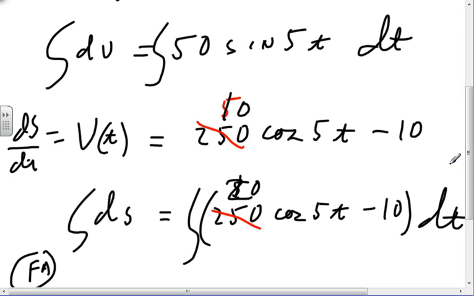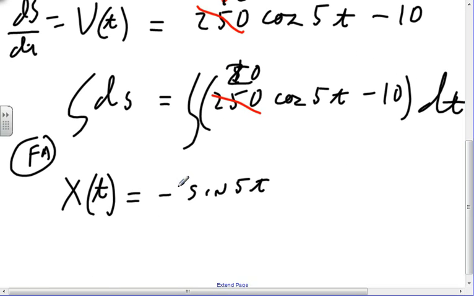That's still 10. But this is 2. Right? This is still 10. Boy, is that ever messed up? 10, 2, sine 2t, minus 10t plus the initial condition, which is 8.